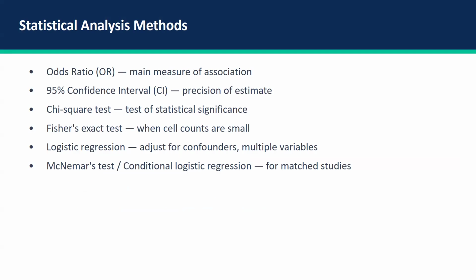Chi-square test has to be used as a test of statistical significance between the categorical variables. And when chi-square is not applicable, means when the cell counts are less, then instead of chi-square, we use Fisher's exact test. And logistic regression is used to adjust for the confounders and multiple variables. And McNemar's test is used for the matched studies.